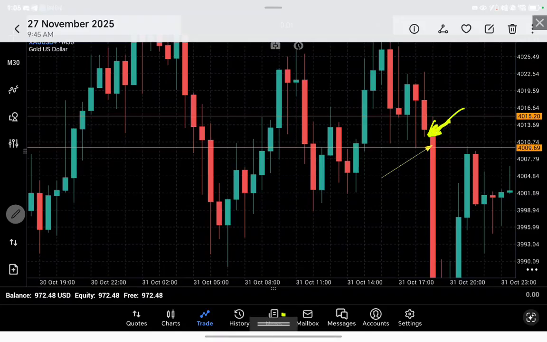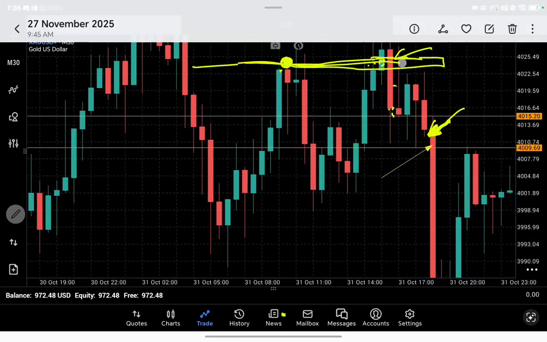If you look here, from the very genuine point, what we can see is it has created a supply zone right up over here, and if we draw the resistance, even this candle tried to break this level, which means it's a valid breakout, but the next candle broke and closed below this zone, which means it's a fake out.